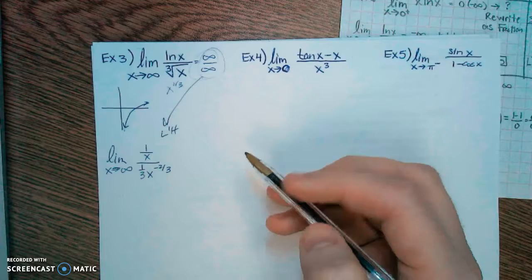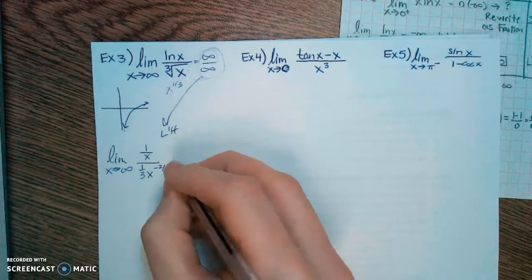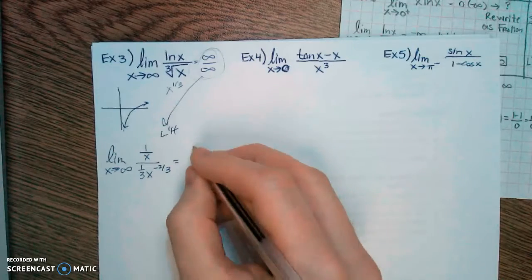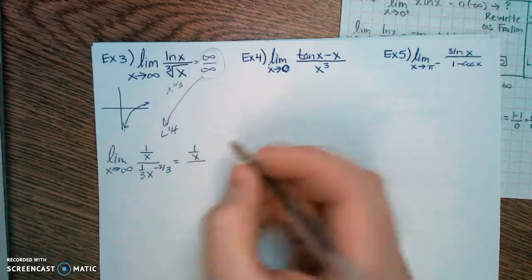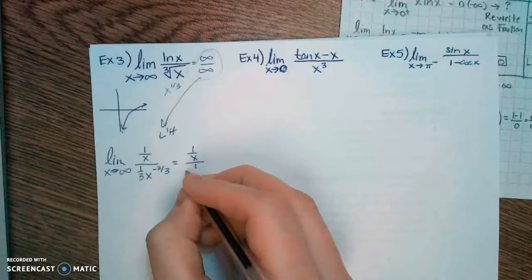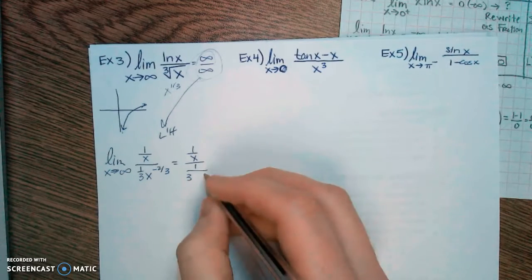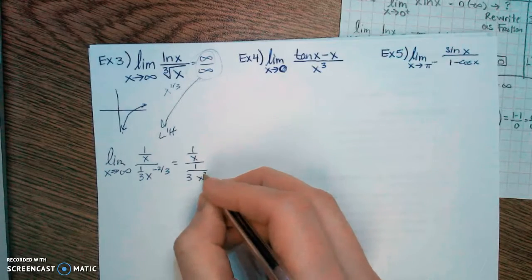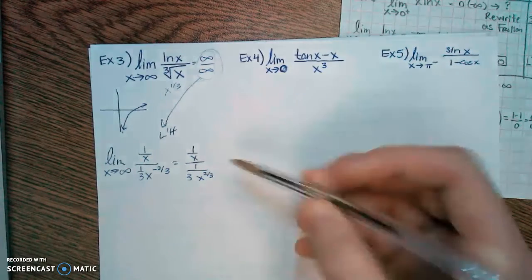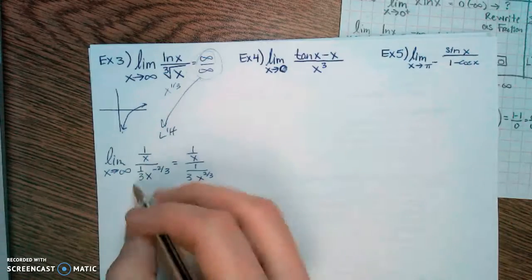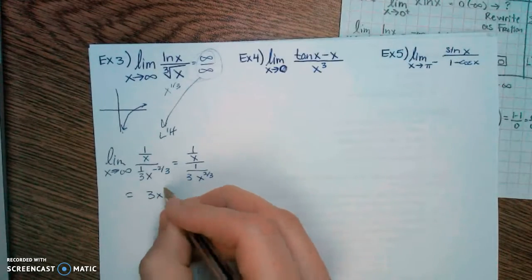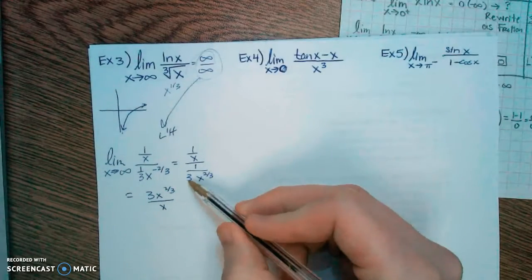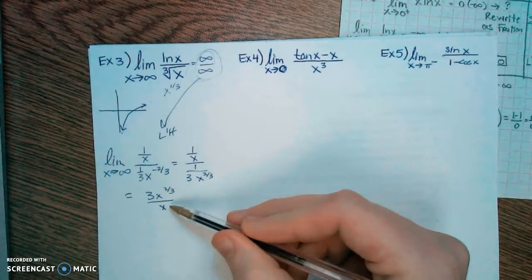And then if we simplify this down before we find the answer, we're going to have 1 over x, and this is 1/3, and then we've got x to the 2/3 on the bottom. And if we multiply by the reciprocal, we would get 3x to the 2/3 on top over x.